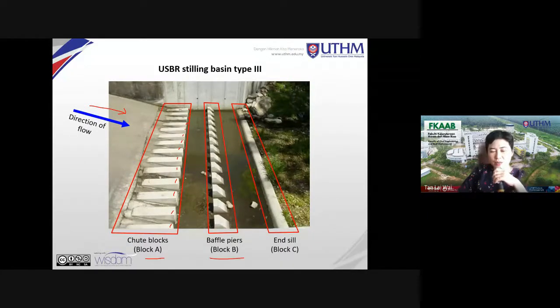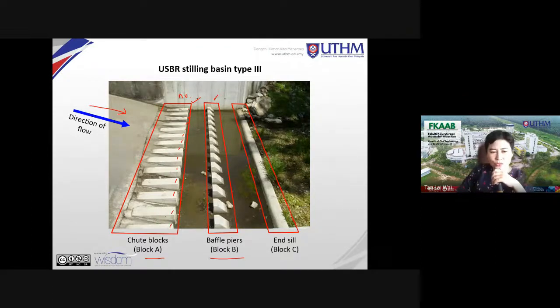And here's the thing: the number of chute blocks and baffle piers is not necessarily the same. There is a formula to determine how many.